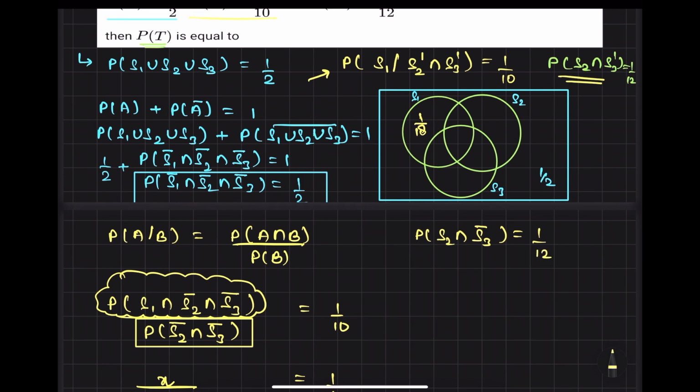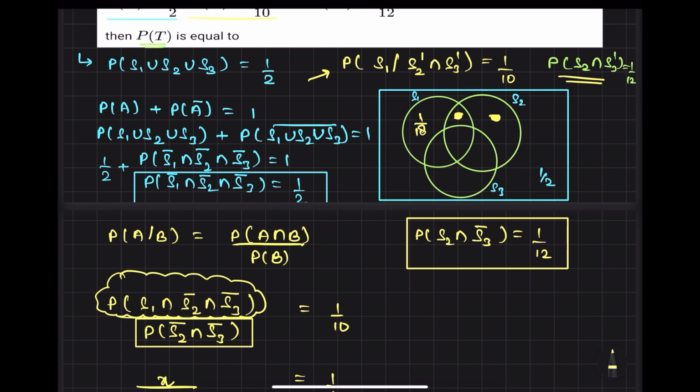So try to understand this part. In this it is given that S2 is solving, means this, this, this, and they are saying that S3 is not solving. This means what? Not this, not this. So you are left with this room and this room, correct or wrong? So combination of these two things is 1 by 12.